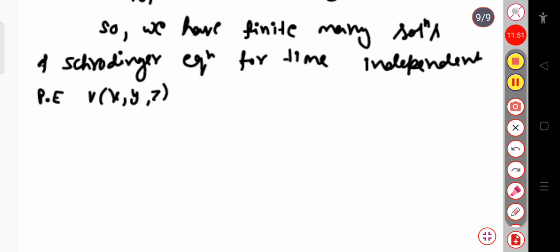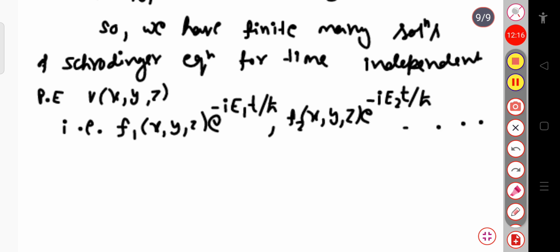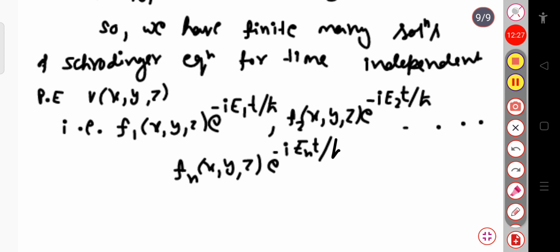Here we can write f1 of x, y, z with exponential of minus i E1 t by h bar, f2 of x, y, z with exponential of minus i E2 t divided by h bar, and so on up to f n of x, y, z with exponential of minus i E n t divided by h bar. These are the solutions of the Schrodinger equation.